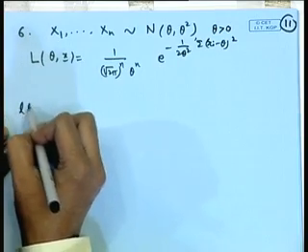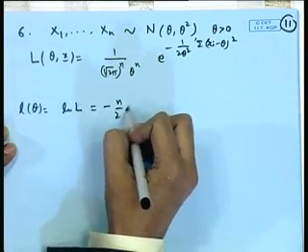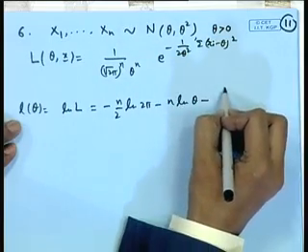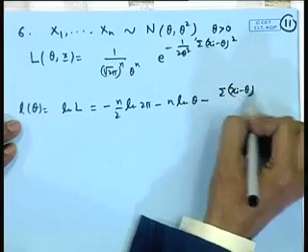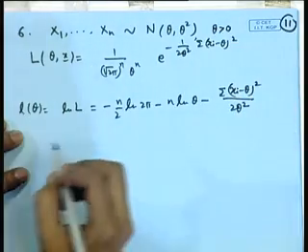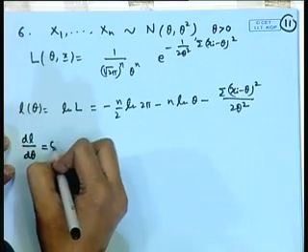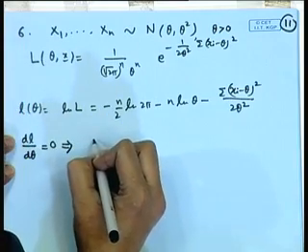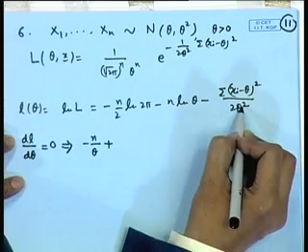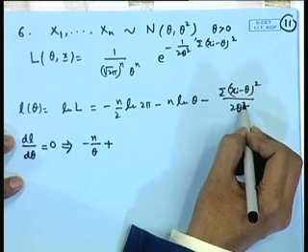So, the log of the likelihood function, that is minus n by 2 log of 2 pi minus n log theta minus sigma x i minus theta whole square by twice theta square. So, what is the likelihood equation here? dl by d theta equal to 0, that gives minus n by theta plus, now if I consider this term, this is consisting of theta in the numerator as well as in the denominator.